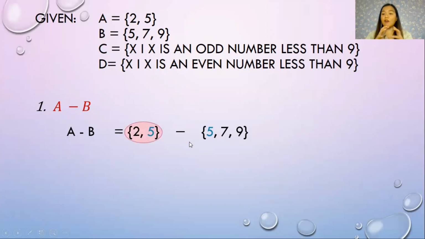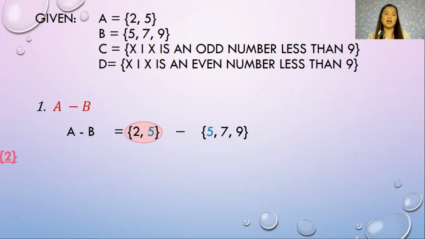Now, mag-focus lang tayo sa first set or sa una. Kasi yung mga nasa A but not in B lang. Tignan muna natin yung magkaparehang elements. So, you have 2, 5, 5, 7, 9, and then tanggalin natin yung 5. Tanggalin X. Kaya siya kulay blue, tanggalin mo na.